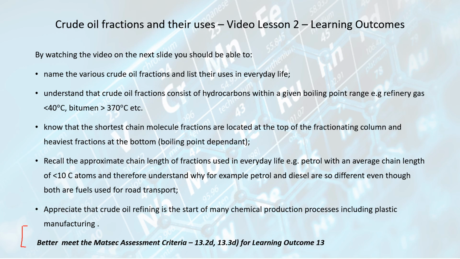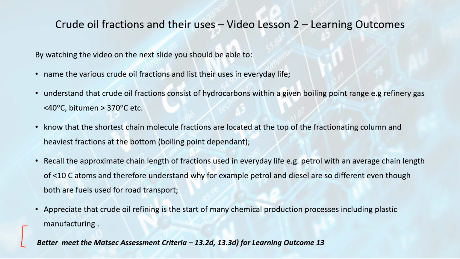You should be able to know that the shortest chain molecule fractions, so it's the refinery gas fractions, when we talk about the shortest molecules, we are talking about the refinery gases where the molecule chain length would be from C1 to C4.